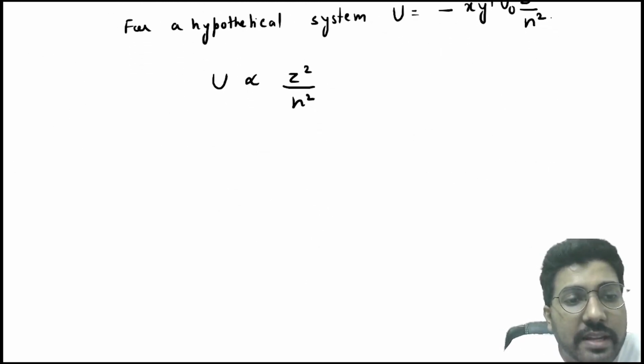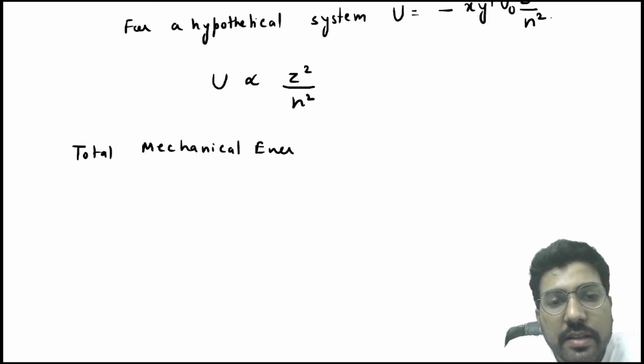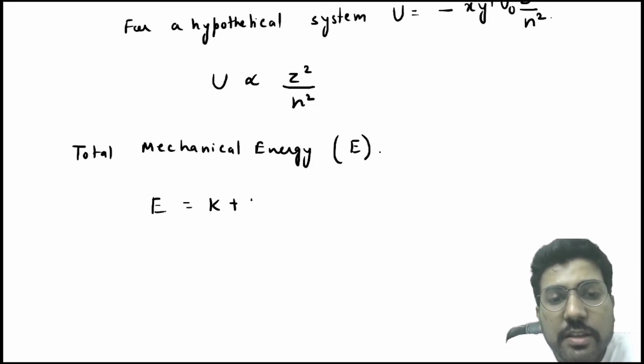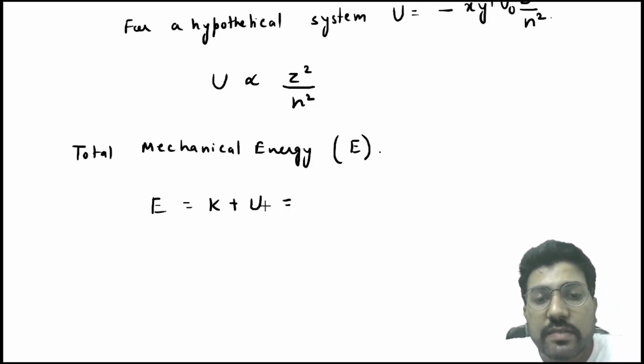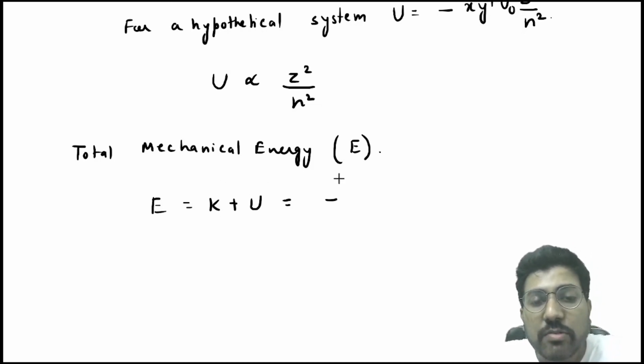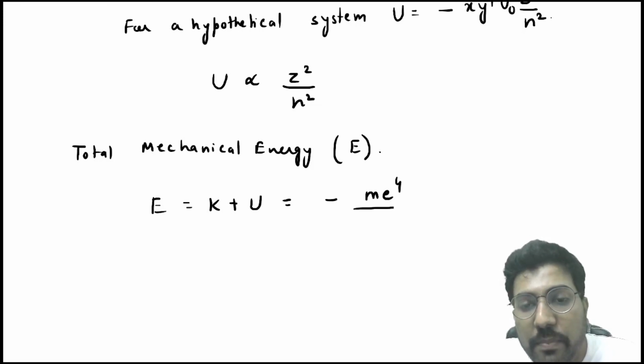Now then comes the total mechanical energy, represented by E. So the total mechanical energy is the kinetic energy plus the potential energy, and this will come out to be minus, since the negative term is more and the positive term is less, minus m e^4 upon 8 epsilon naught square h square into z square by n square.